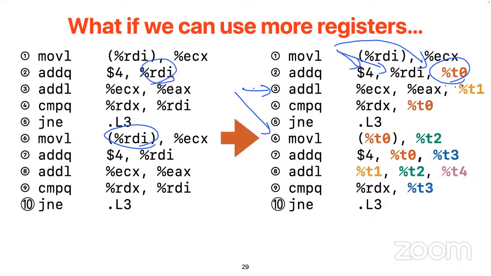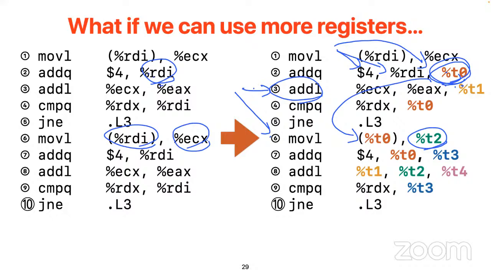Because for the RDI, now I put the RDI value in T0, and if I forward this T0 value to move L, and I put the move L output not in ECX, but a different location, then it turns out the move L has no false dependencies with the instruction 3 at all. And you might say, well, it's still depending on T0, right? But remember, 2 and 6 is indeed a true dependency, right? But in this way, you can see by using additional registers, we will be able to get rid of the false dependency between 3 and 6.